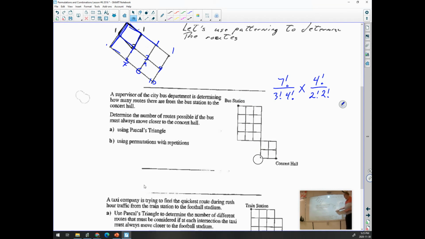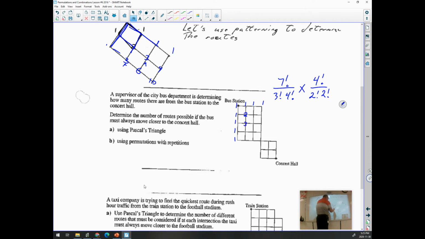Now, the patterning for this one. If we just write out 1, because we always have to move closer to where we're going, we have 1 way along the edges. There are 2 ways to get to this point, 1 through here, 1 through there.